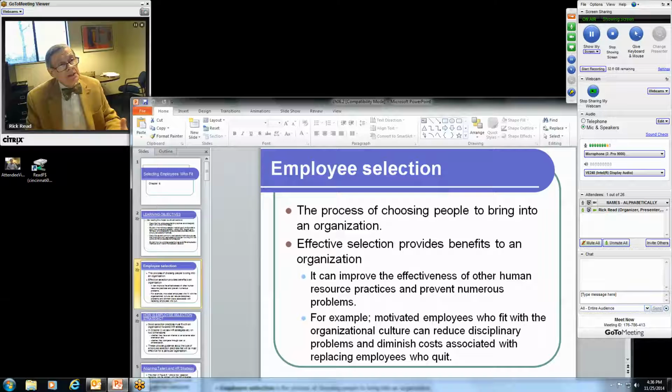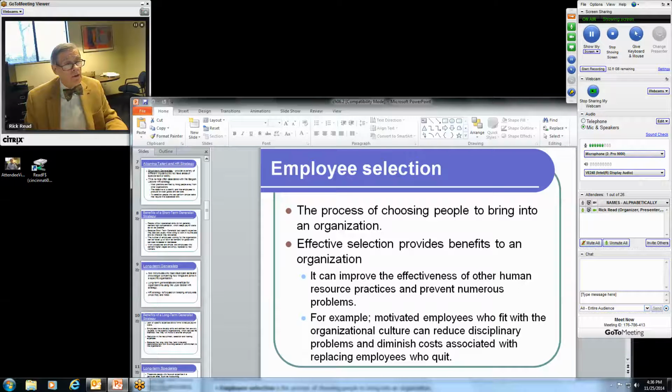So besides all that, we're going to reduce our cost of selection, because we're going to be able to select somebody who's going to stay, and we're going to reduce overall costs, and hopefully, by making the right selection, improve efficiency.